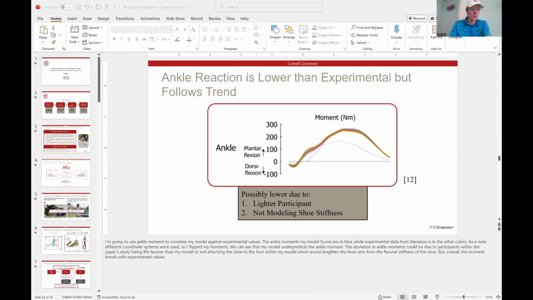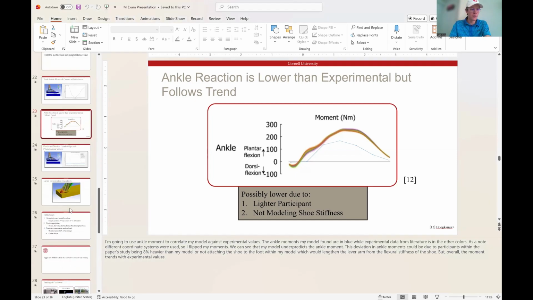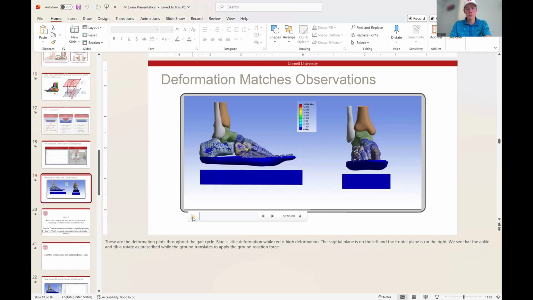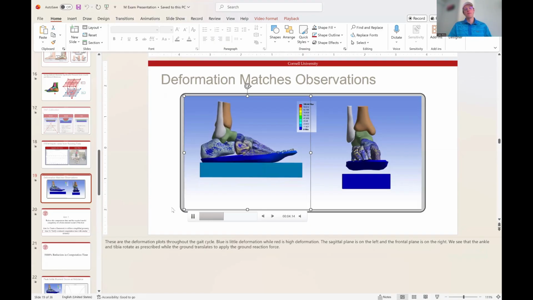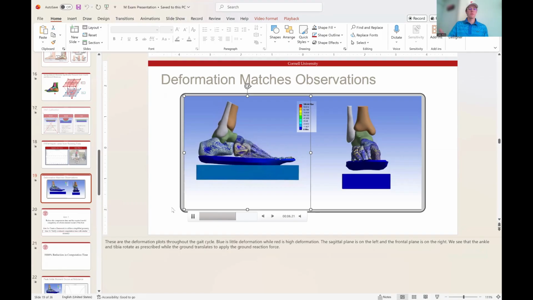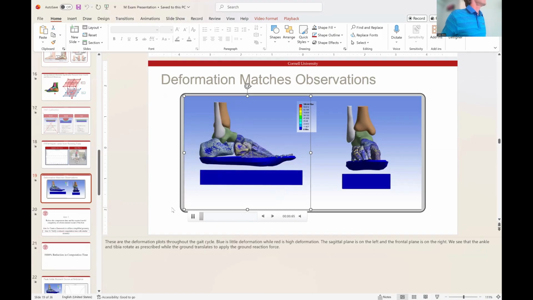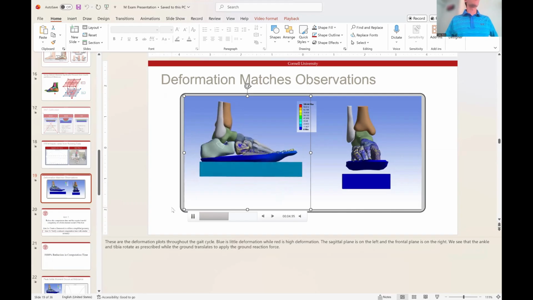So we go up to those gradients that you saw in the deformation plots. If we play it, you can see the bones having deformation gradients across them. That is due to nodes being placed on the surface.